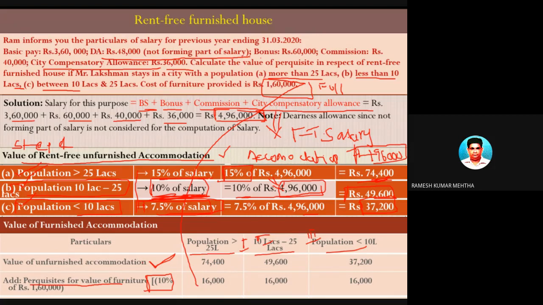You have to substitute 10% on this 1,60,000. That is the value of the perquisite. This is the rule. This is the way we have to calculate it. So 1,60,000 into 10% is 16,000.